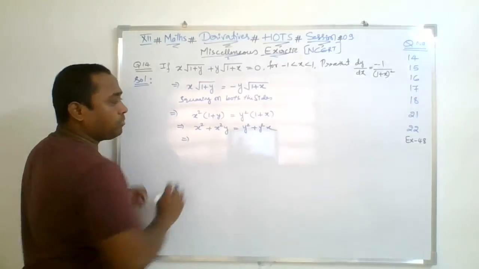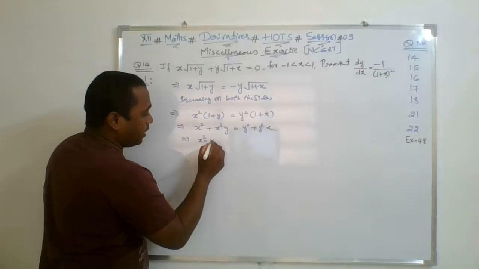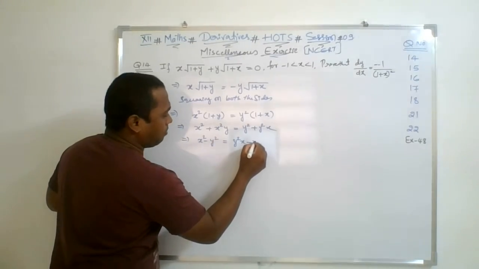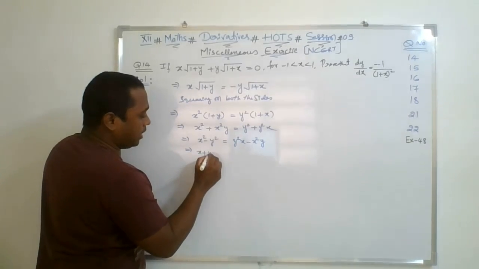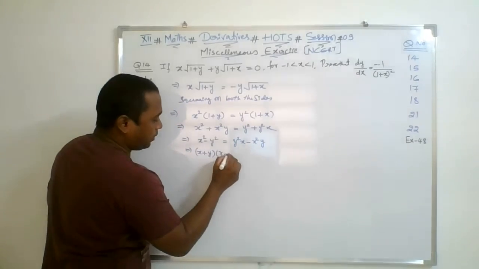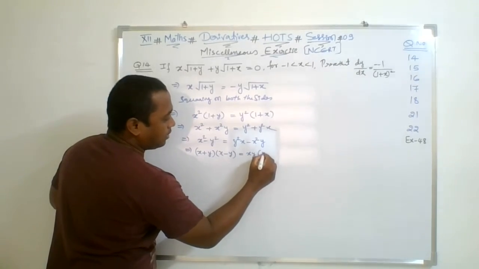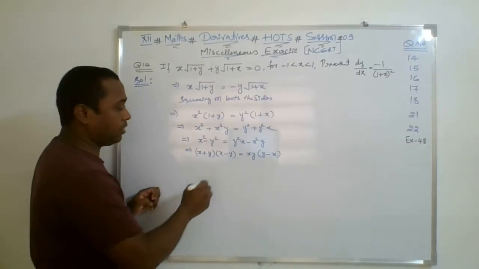Then group the terms very smartly here. If I group the terms like x square minus y square is equal to y square x minus x square y, now I can use an identity to factorize it: x plus y into x minus y. Here I can take xy as a common factor, so y minus x is the factor left.